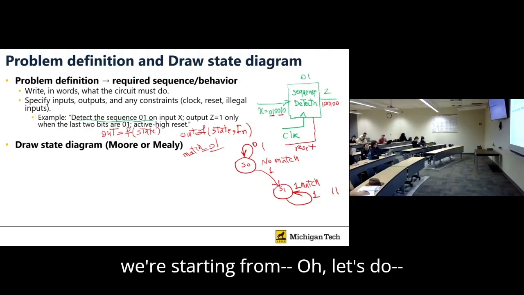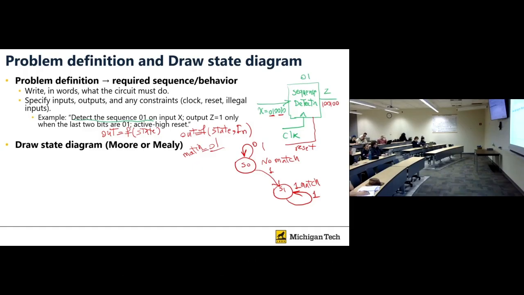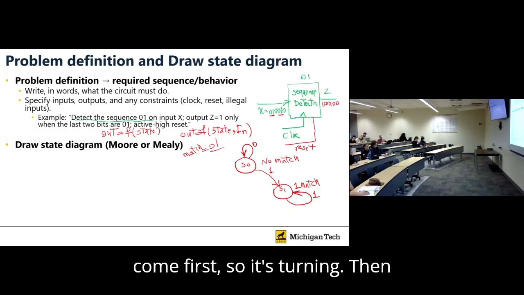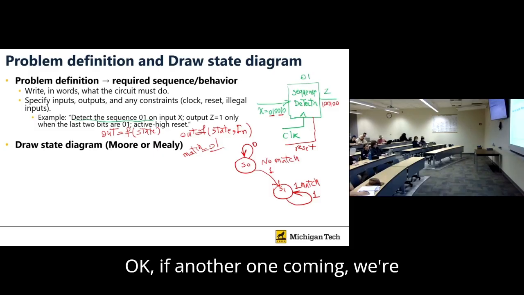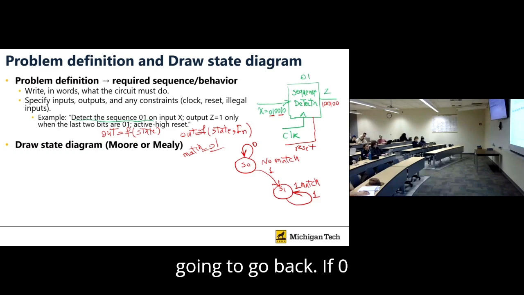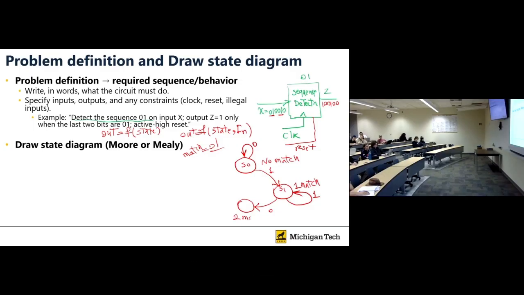Let's do this example that we already have here. 0 comes first, so it stays. Then 1 comes here. If another 1 comes, we go back. If 0 comes, we go to another state, which is 2 match. So 2 match means good.